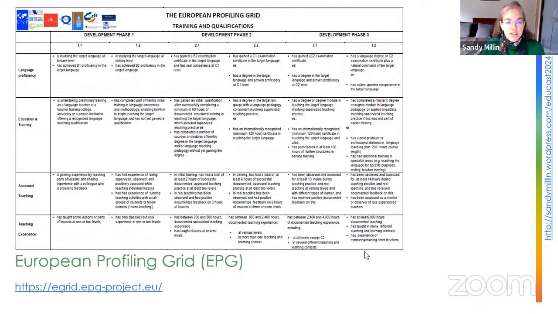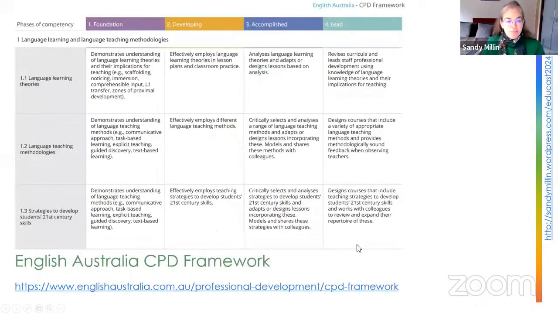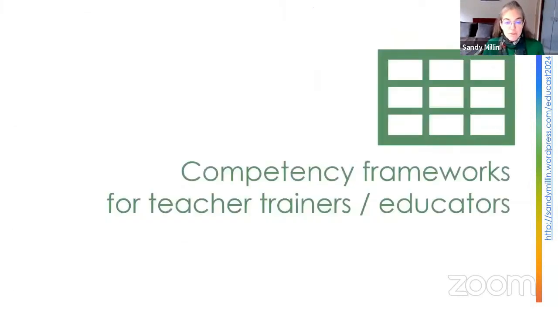Then if you're a teacher trainer, there are also, here's another one from English Australia. So sometimes local areas, local teaching associations will put together a framework. It doesn't have to be an international one like British Council or Cambridge. Again, this one has levels and it's broken down into different categories. So there are also these frameworks for teacher trainers or educators, not as many as for teachers, but they exist.